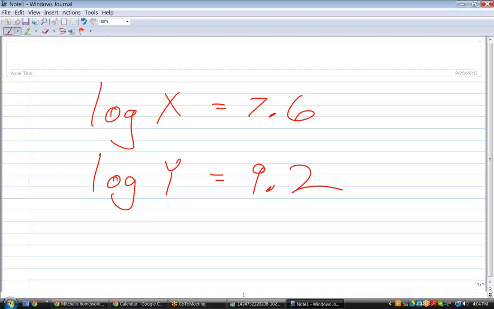And we want to figure out how much bigger y is over x. Does that sound right? Yeah. Okay. Well, what's x equal to?